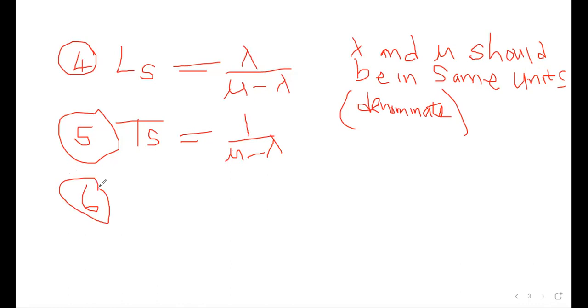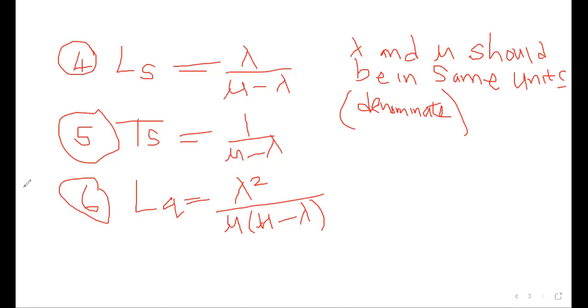Then the length of the queue is equal to lambda square over mu, the mu minus lambda.